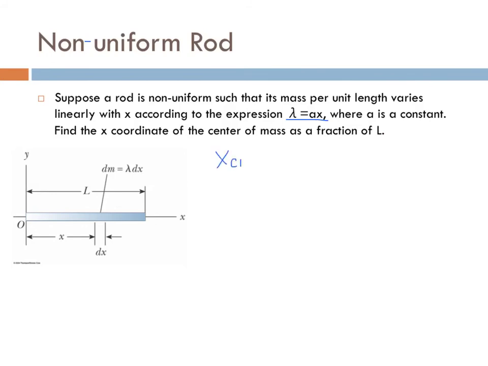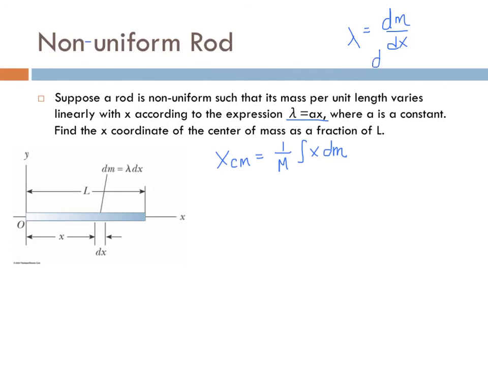So I can use xcm here, because again, all my mass is along the x-axis. 1 over m times the integral of x dm. Remember that our lambda is equal to our change in mass over change in position.